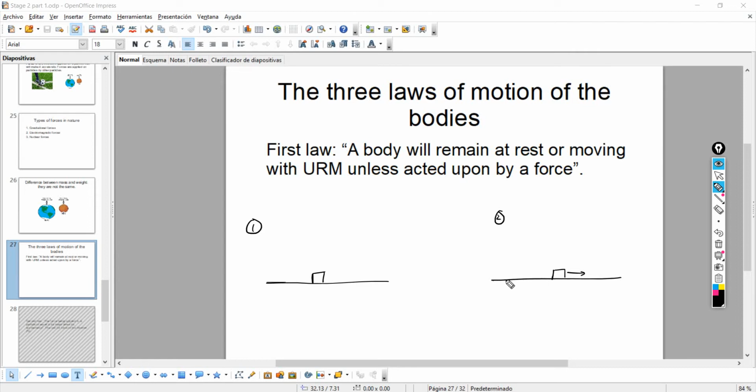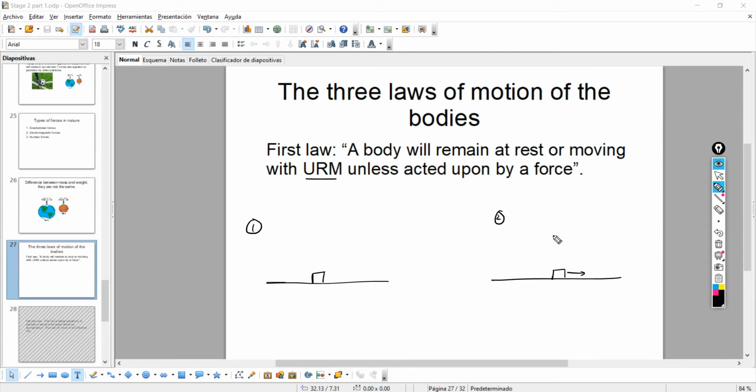What that means is that it's going to travel with constant velocity. Let's suppose this object is moving over this floor at constant velocity. Therefore, we say that it's having URM, and it's gonna continue doing so unless acted upon by a force. It's gonna continue doing that.